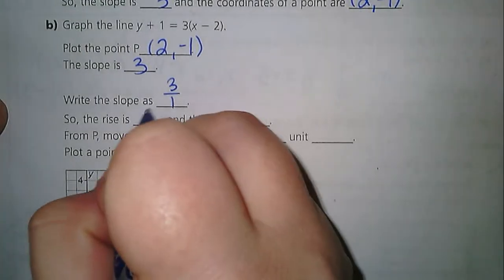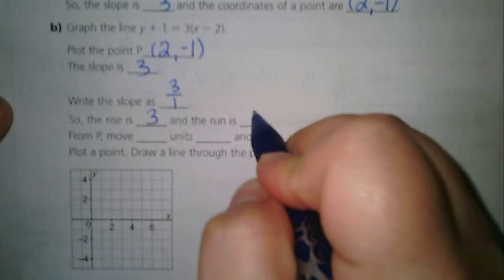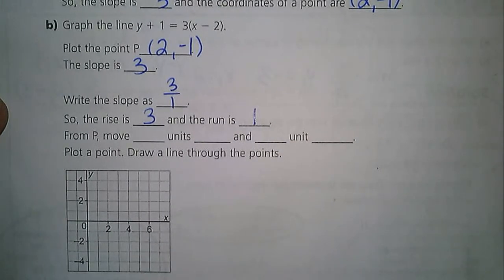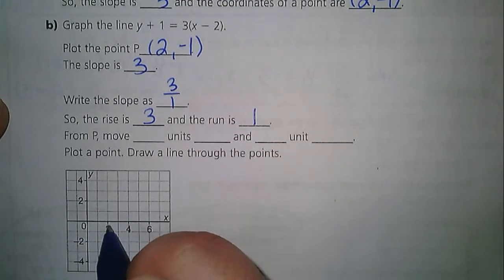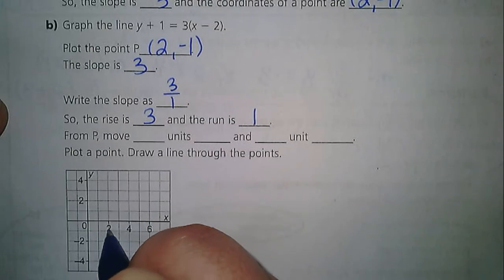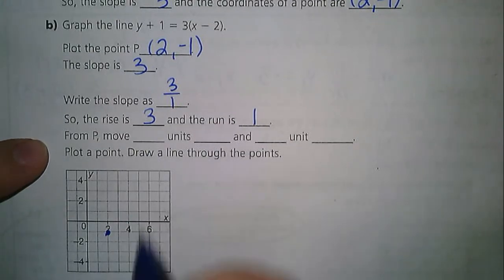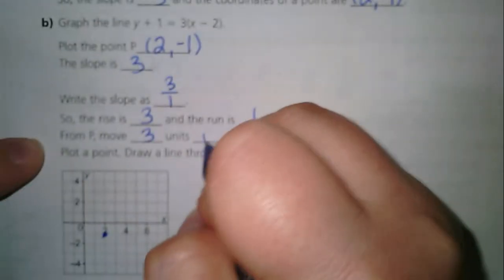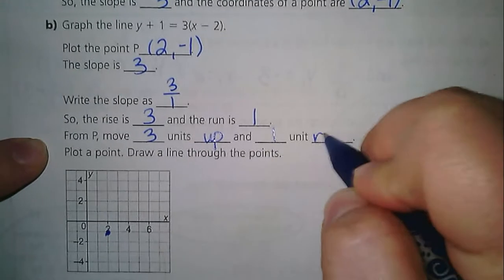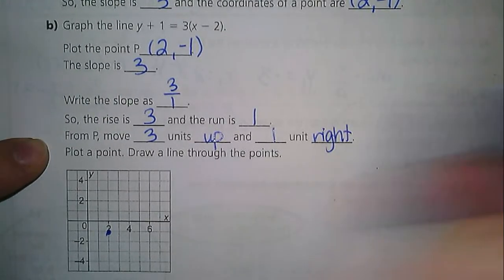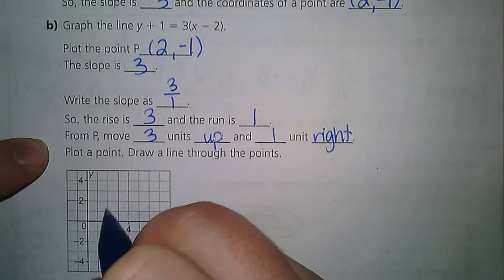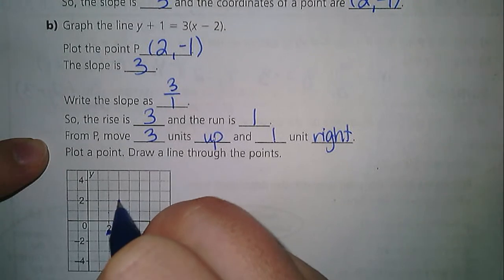That helps me figure out I have a rise of 3, a run of 1. So I'm going to start by plotting point P, so at 2 and -1. And then I'm going to move 3 units up and 1 unit to the right to draw my point. So I'm going to move 1, 2, 3 up, 1 to the right.